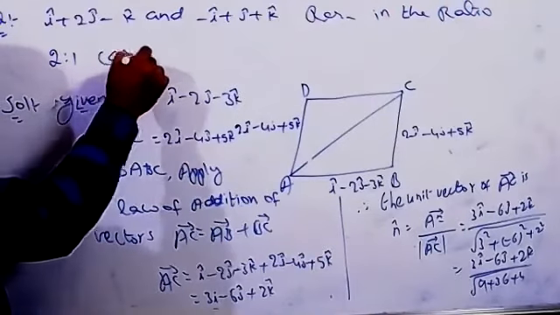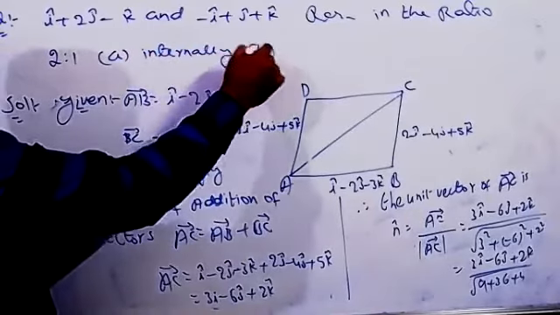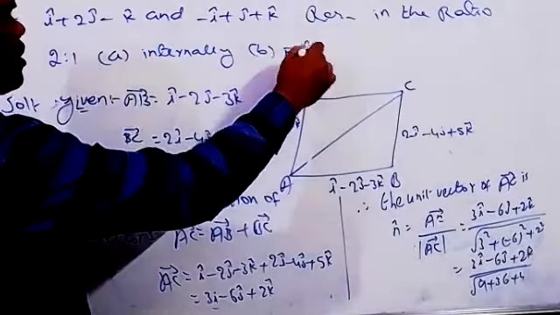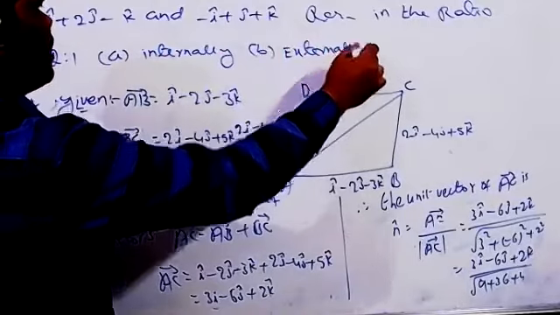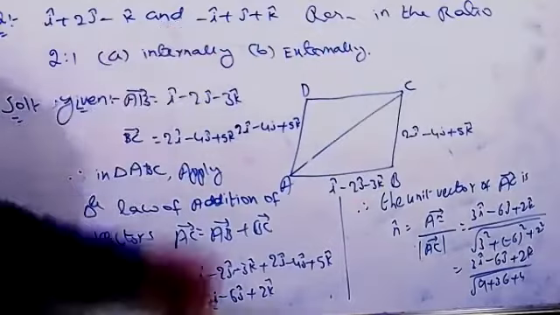A, first one is internally, and B is externally. And these two are the two points here, P and Q.